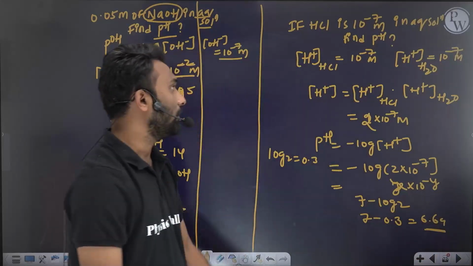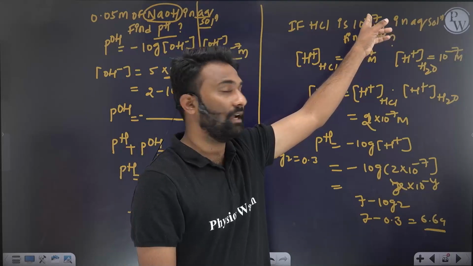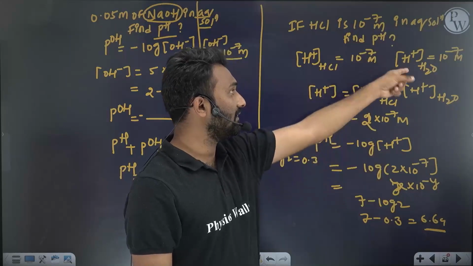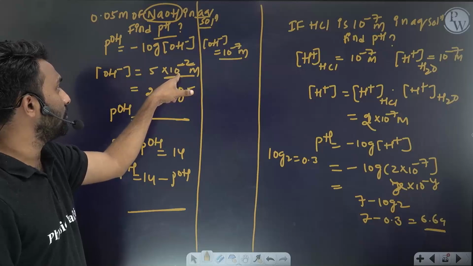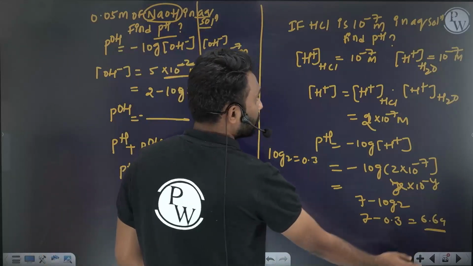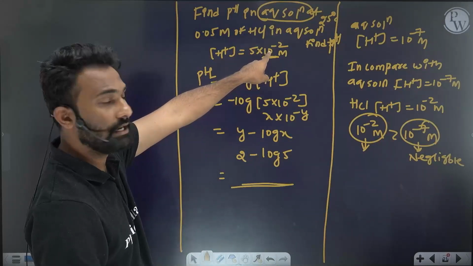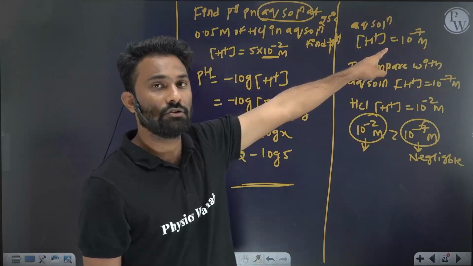Okay, now look here. If 10 to the power minus 7 or 10 to the power minus 6 concentration is given, we should not neglect the H plus ion concentration of water. If the H plus ion concentration is 10 to the power minus 2, as in the first question, we do not consider the 10 to the power minus 7 aqueous solution concentration.